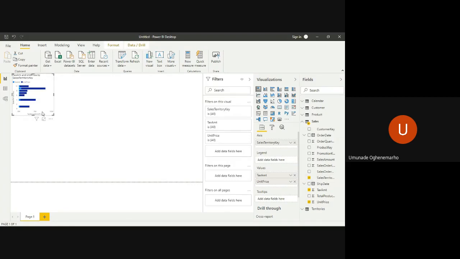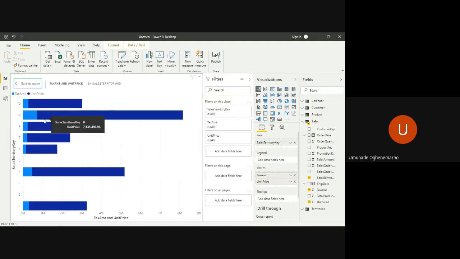What you use stacked charts for is where you have different categories, when you want to do numerous categorization, so probably you want to categorize things that are related, like your sales amount.